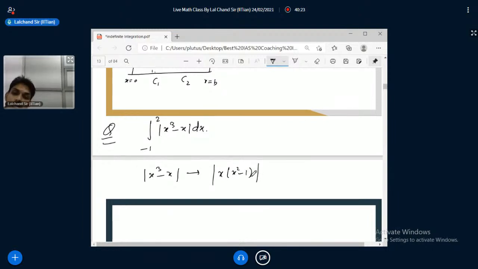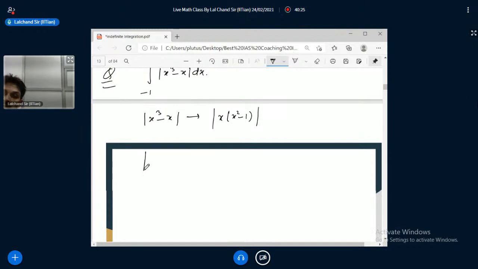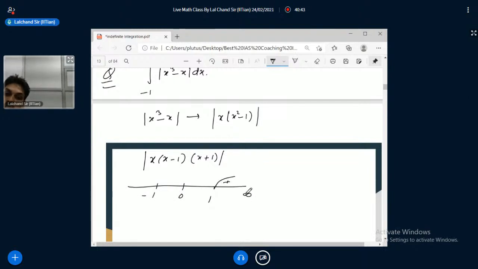If I factorize, this expression is x(x minus 1)(x plus 1). If I check the sign of this expression, we have here minus 1, 0, and plus 1. This expression is positive from 1 to infinity, negative from 0 to 1, again positive from minus 1 to 0, and in this part again negative.